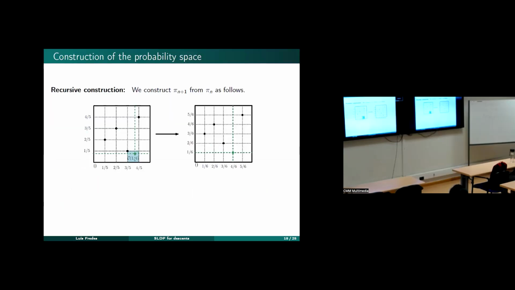we constructed the probability space. So imagine that you have a permutation of size n. What I will do to create one of size n plus 1 is shrink my permutation and put it in the box [0,1]x[0,1]. This will induce a grid, let's say.